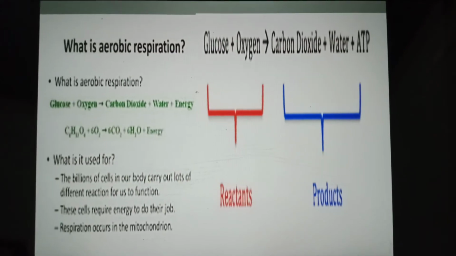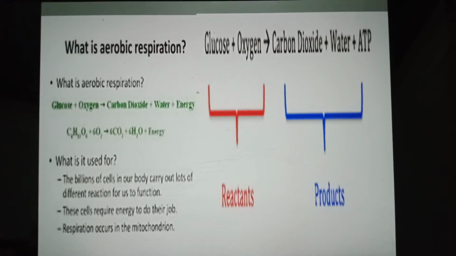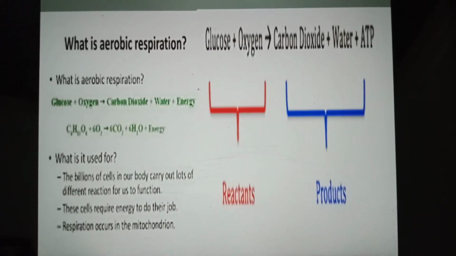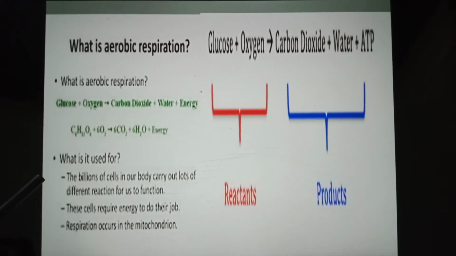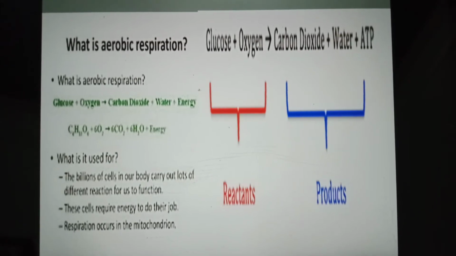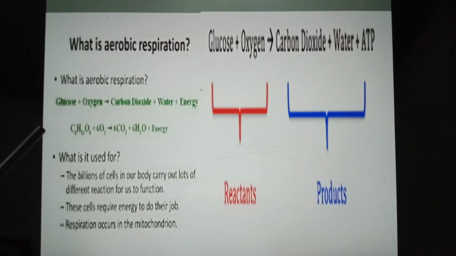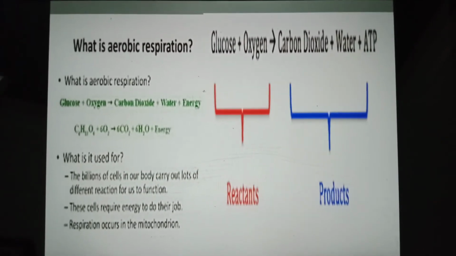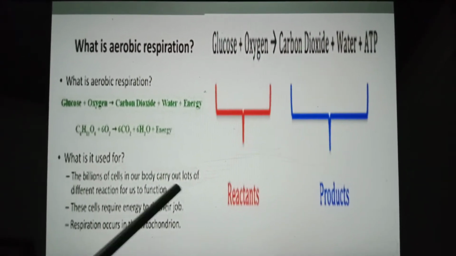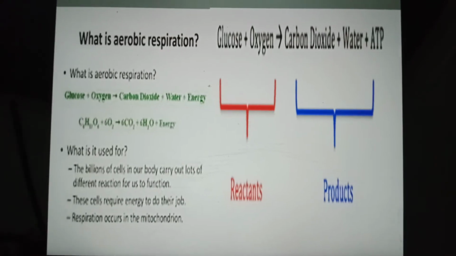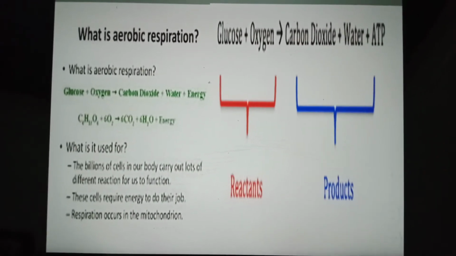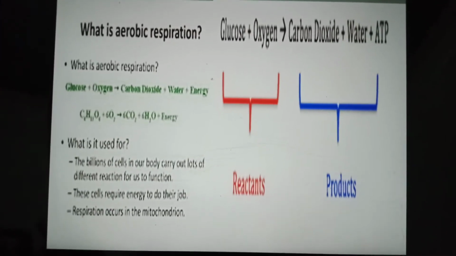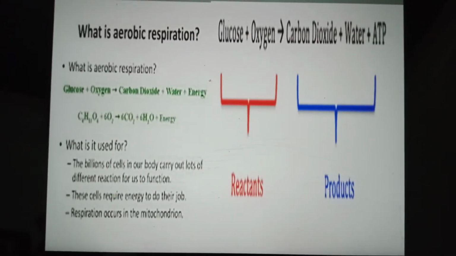So what is aerobic respiration? In the presence of oxygen, complete oxidation of glucose occurs with maximum release of energy. In the first phase of aerobic respiration, a 6C molecule is broken down into two molecules of pyruvic acid, that is 3C.